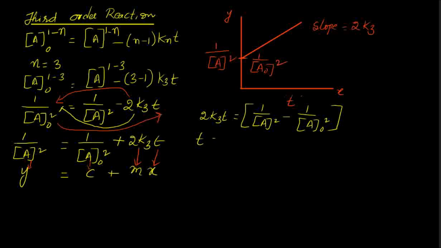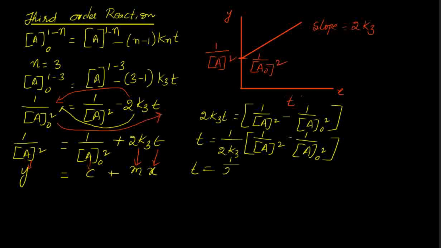Here T equals to 1 by 2K3 into 1 by A power 2 minus 1 by 2K3 A naught power 2.